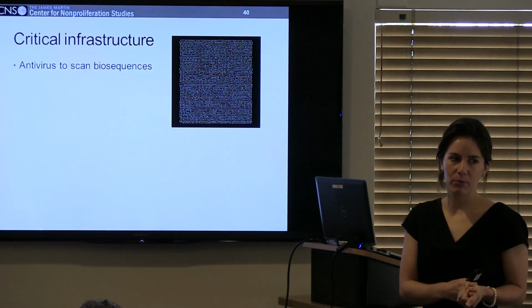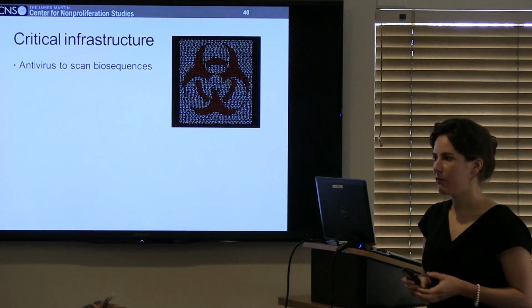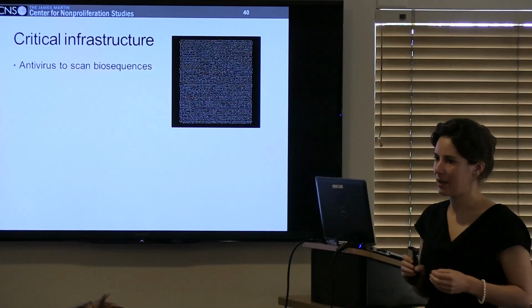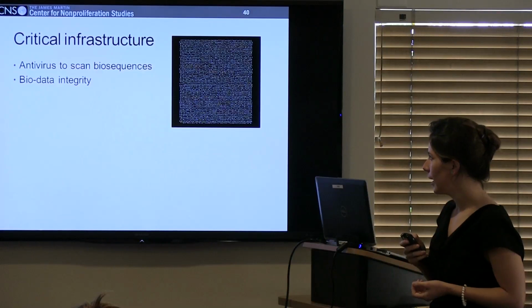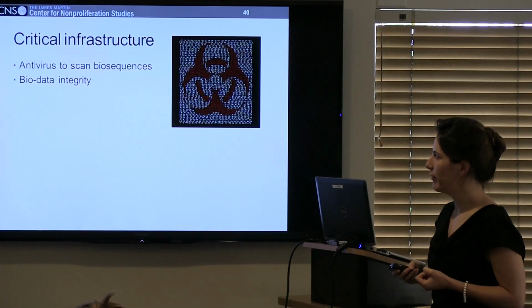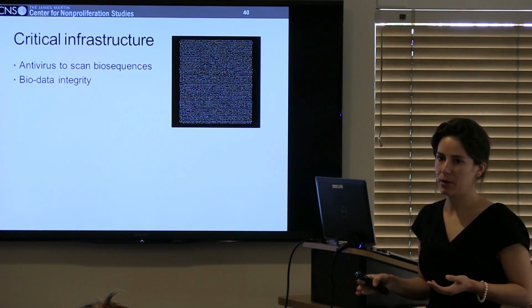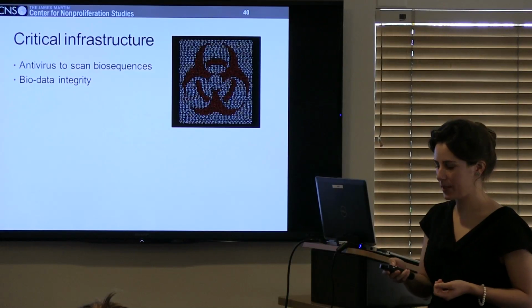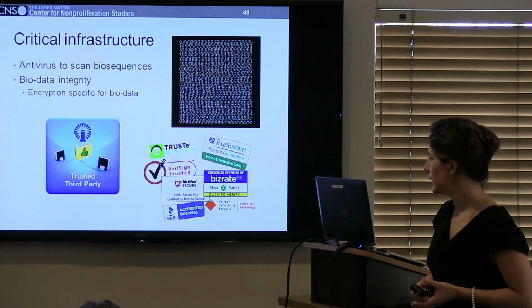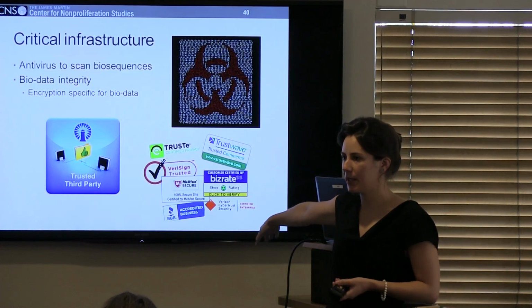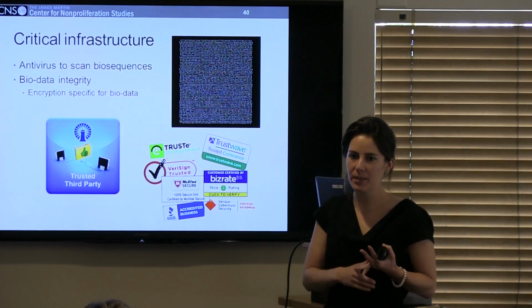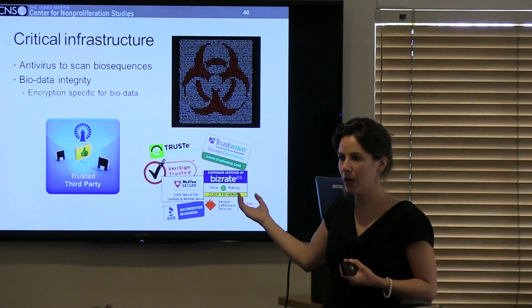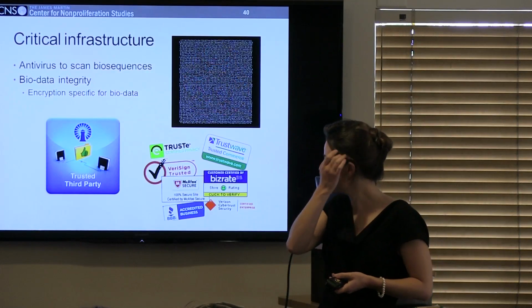These repositories have a lot of variety of data, and they are really big, so we need to develop new algorithms to do so. We also need to think about how to assure people of their biodata integrity. And here, I do think we have a lot to learn from the banking industry and the internet, where they were able to establish best security practices, authentication systems, and so forth.